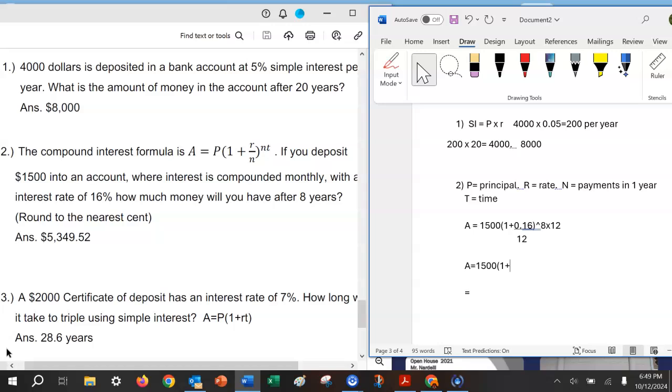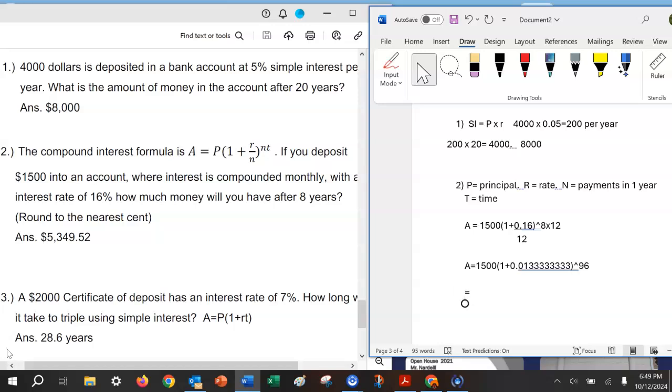So I do 0.16 divided by 12, and I get 0.01333333, and I might as well just write them all out. Close parentheses, and I'll put my exponent, and I'm going to go ahead and do it right now, to the 96th power.